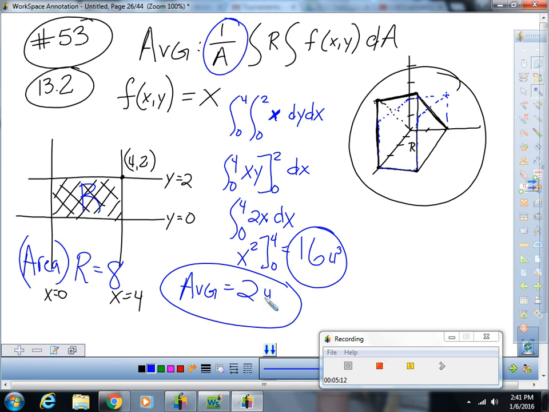So now think about this in terms of snow. What if we had a variable amount of snow over a region? Granted, unless we live in an apartment complex, our region would not be a rectangle, but we have to start somewhere, so we're starting simple. If we had a variable amount of snow over a region, how could we find out on average what the height of snow was?